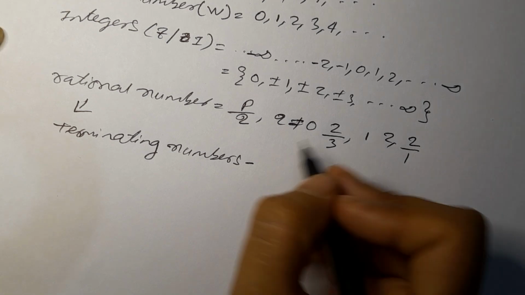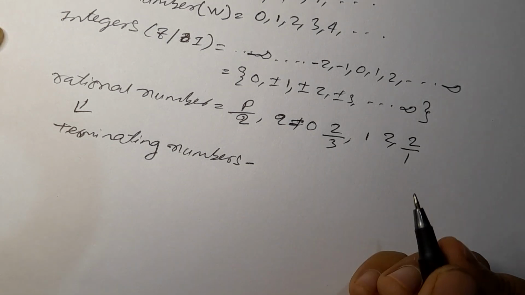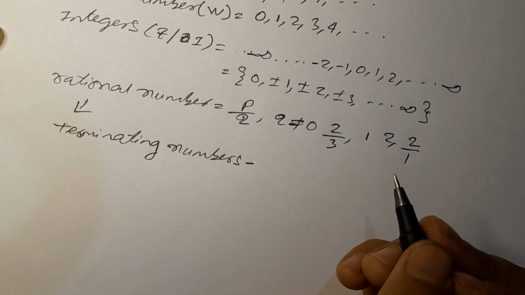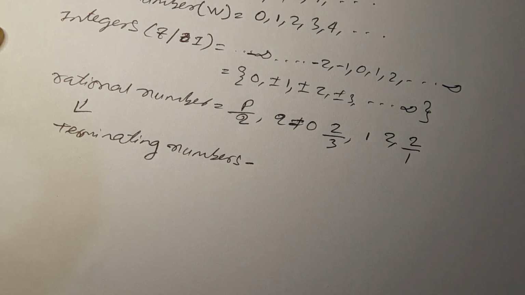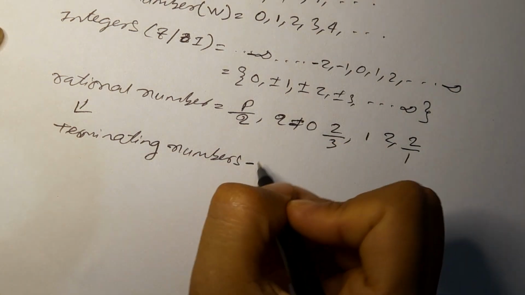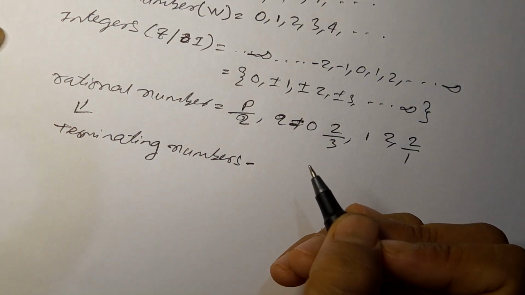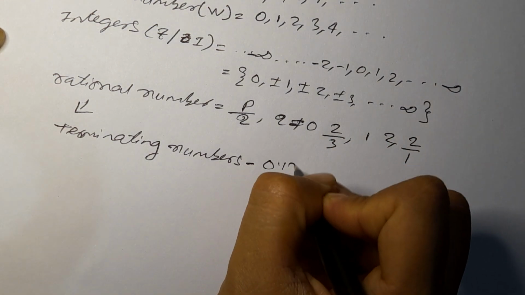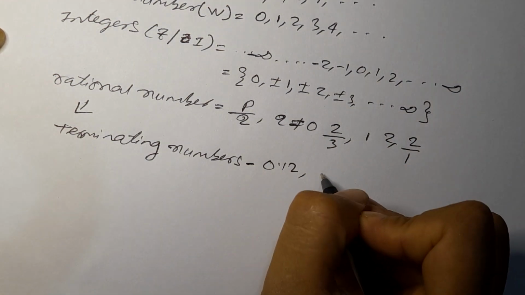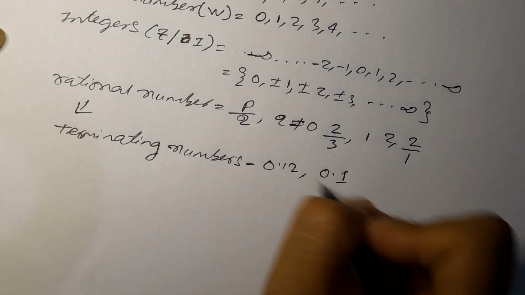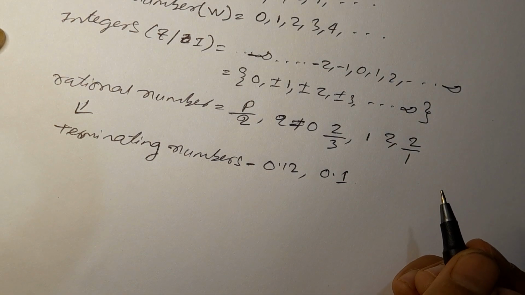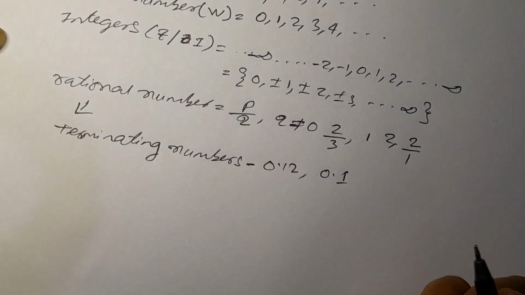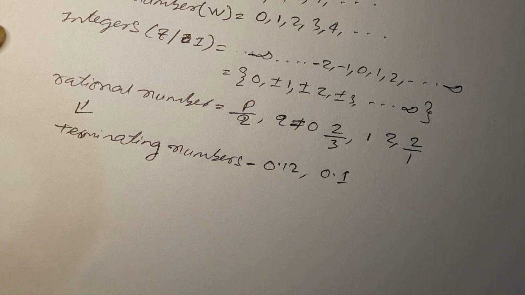It ends after the dividing. If a number is divided by any number and there is no remainder, that is terminating. Example, 0.12 or 0.1. After the division there is no remainder, so it's terminating.